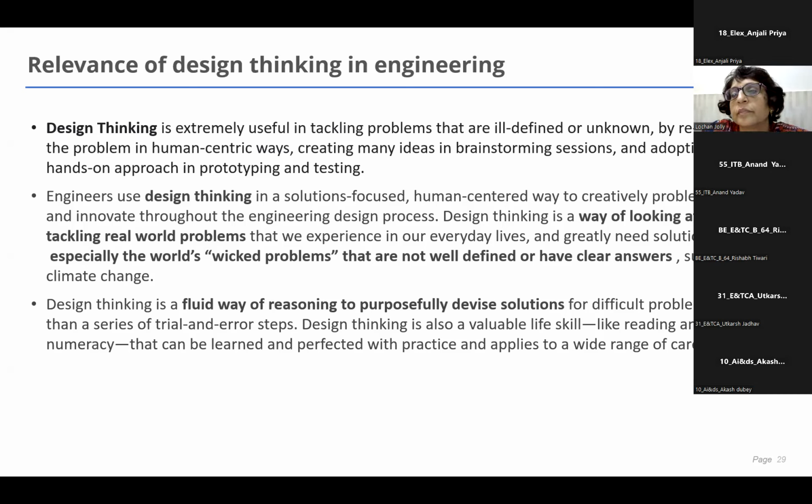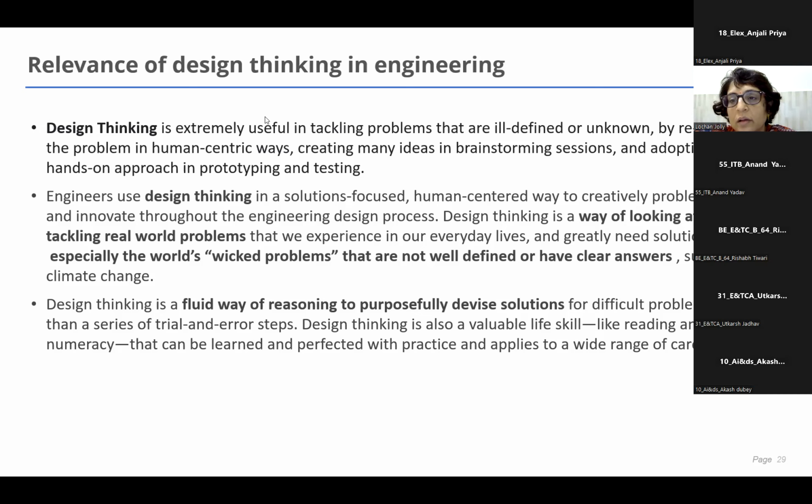Yes, ma'am. It is important. Why? Give me one reason, just one reason. Anyone else who can tell me what could be the reason for learning design thinking?